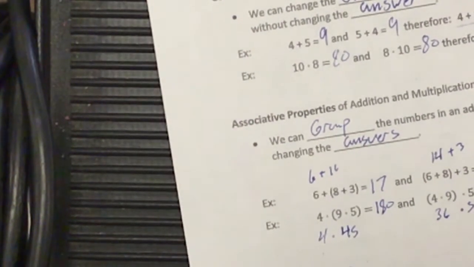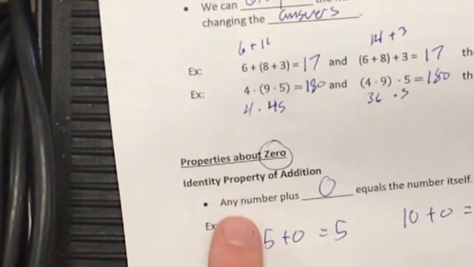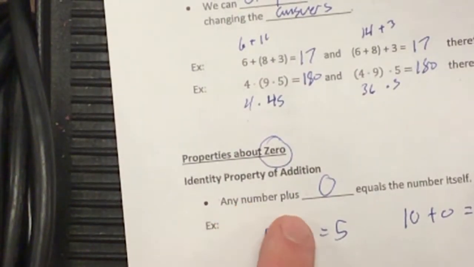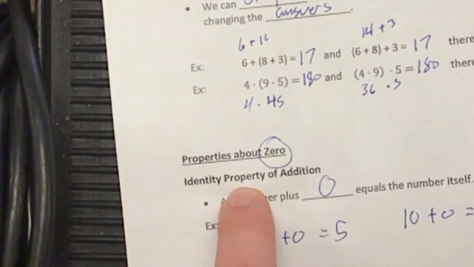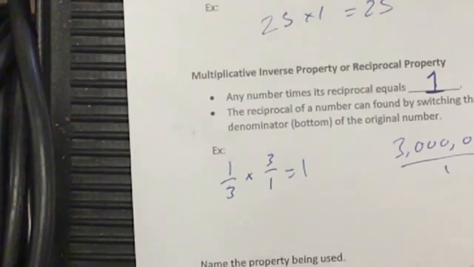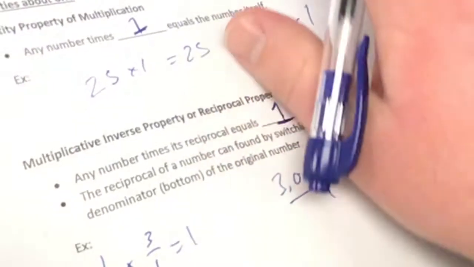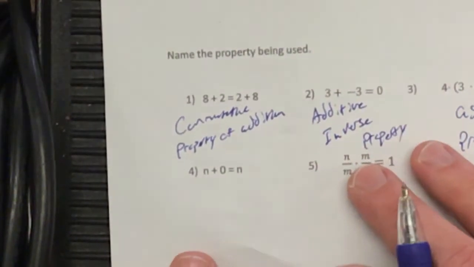Right here. Any number plus 0 equals the same number. That's the identity property of addition. It says it right there.